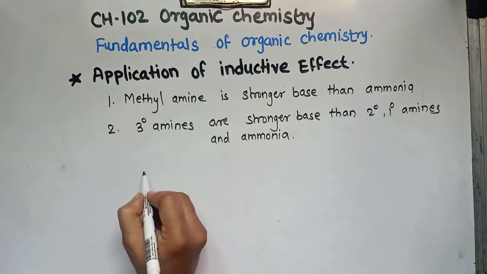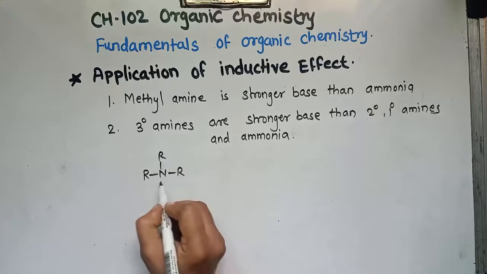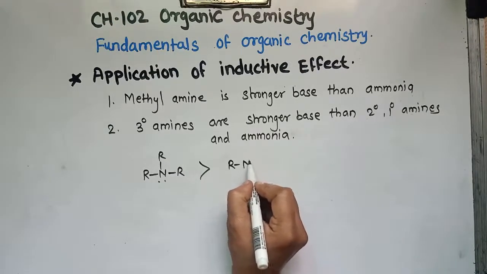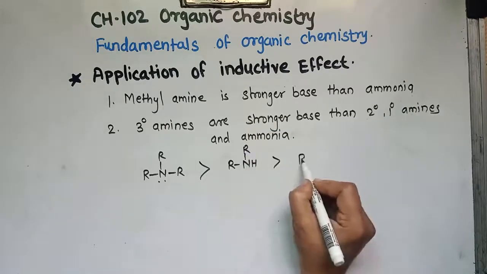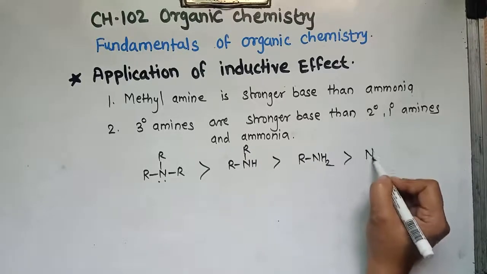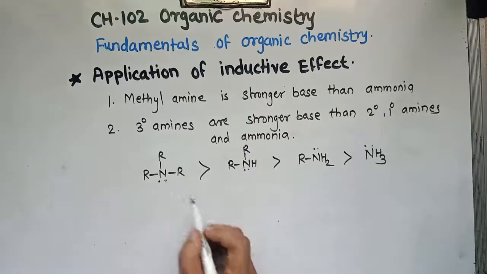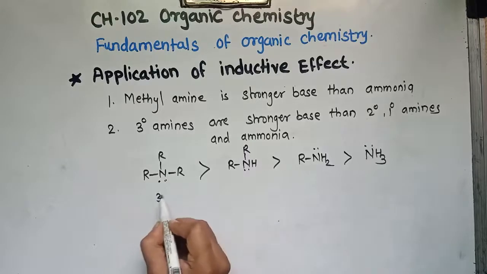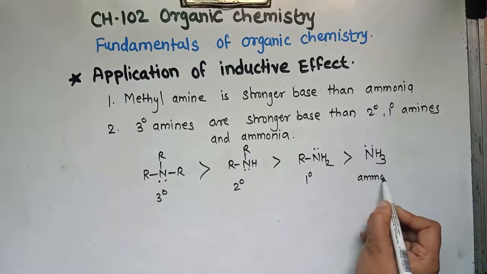For that, we draw the structures. This is the structure of a tertiary amine. Then this is a secondary amine, a primary amine and ammonia. So these are the structures. This tertiary amine is a stronger base than the remaining ones: tertiary, secondary, primary and ammonia.